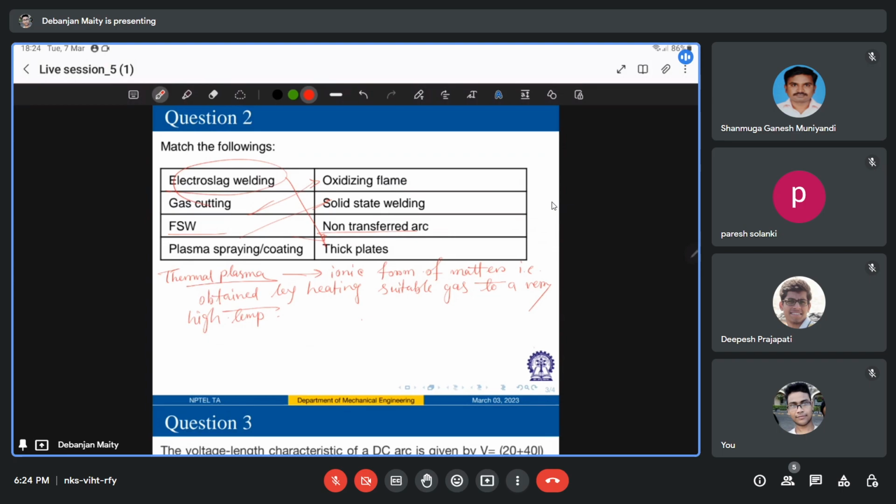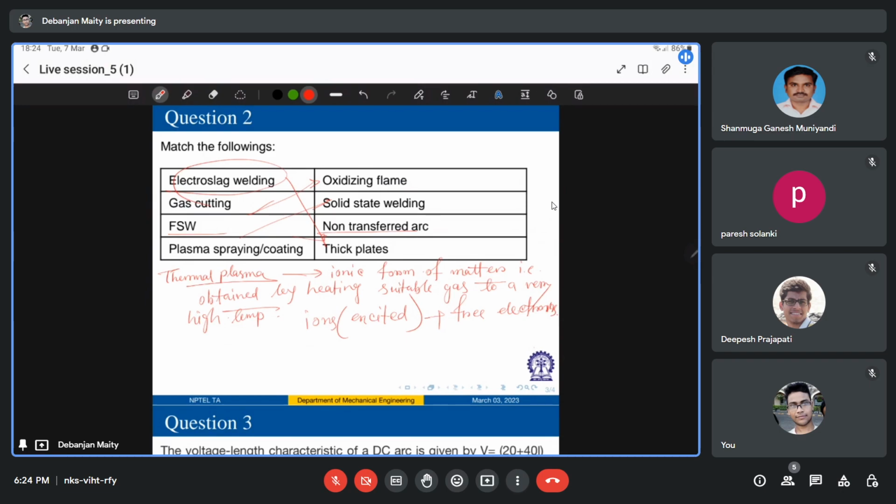So plasma consists of excited ions of gaseous atoms and free electrons. So there are ions which are of course excited in nature, and you have free electrons. Your plasma consists of these two things.